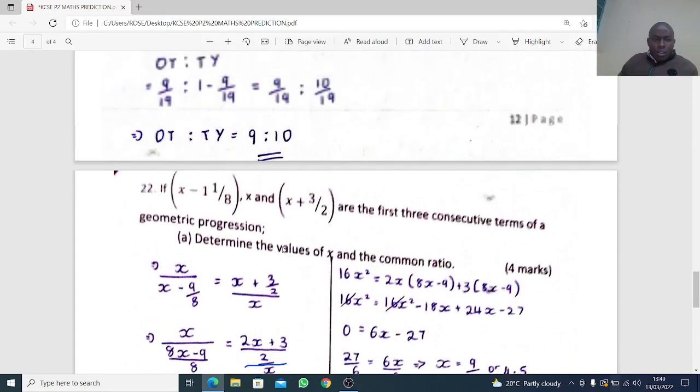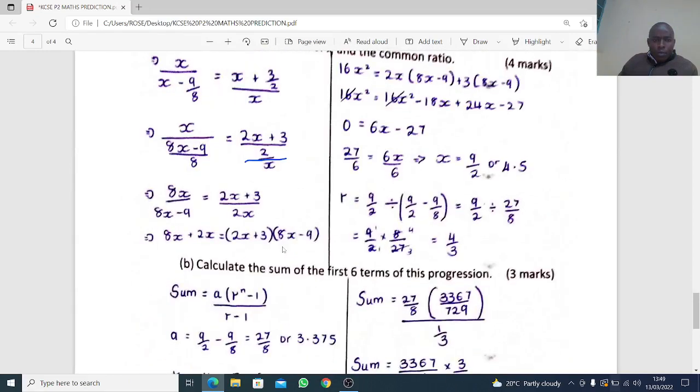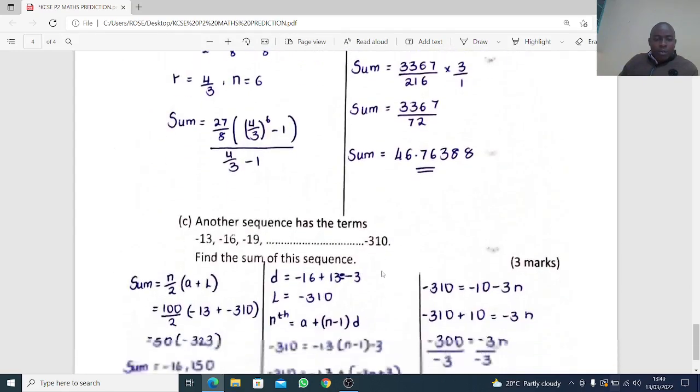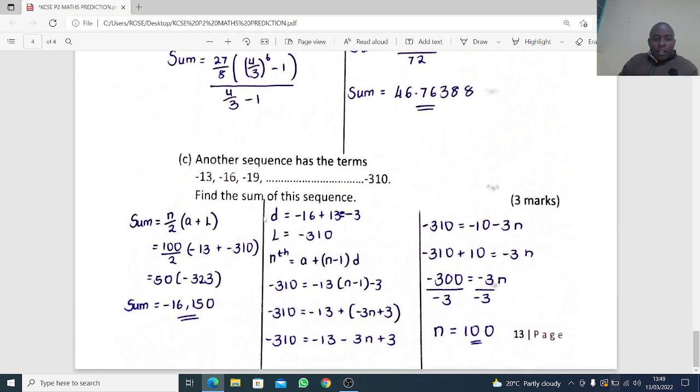First of all, we need to find n. And for us to find n, we know that the nth term, that is our last term, is negative 310.